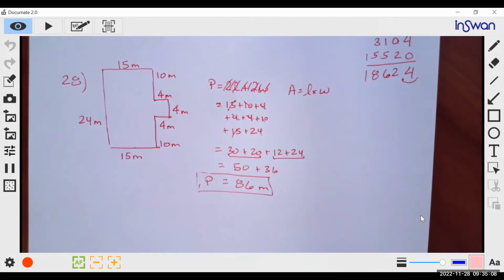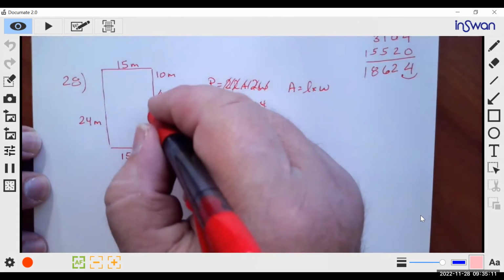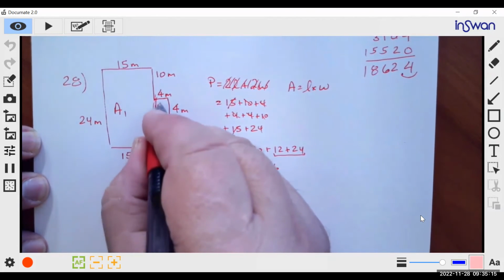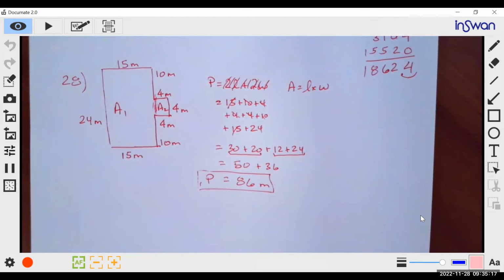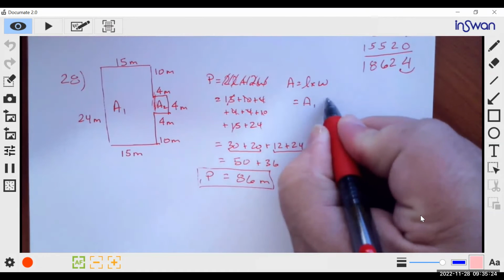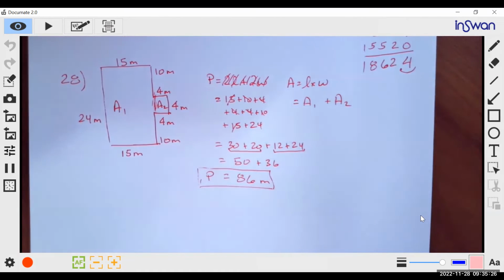Now the area is a little bit different. If you notice, we have the area of this box and the area of this box. So the area of 1 plus the area of 2 is the total area.